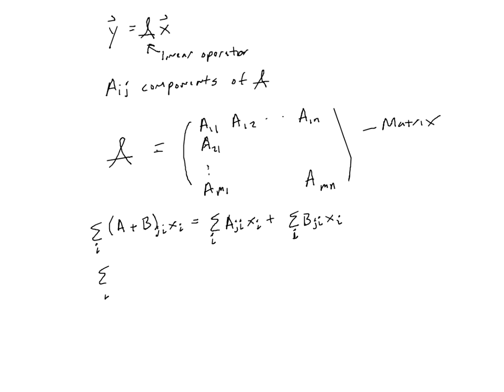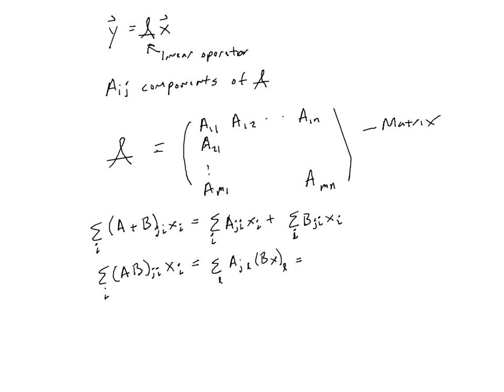If you take, for example, AB, and you sum over, say, i of the combined matrix that it forms, this is equal to taking the sum over, let's say, l of A_jl times B acting on x, forming a matrix.